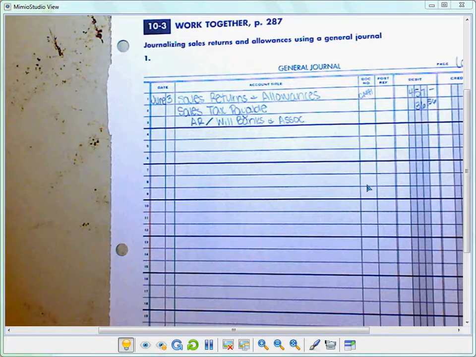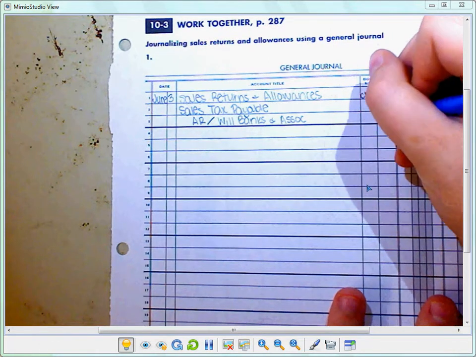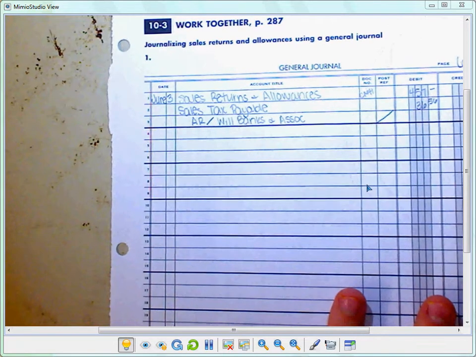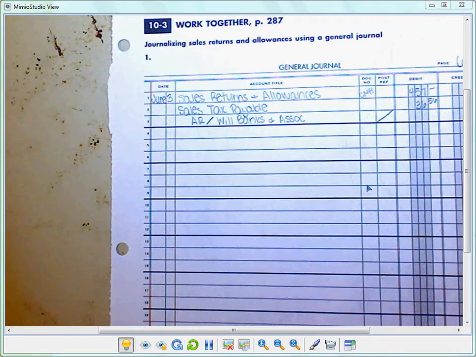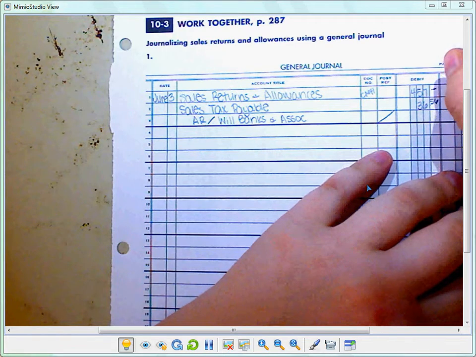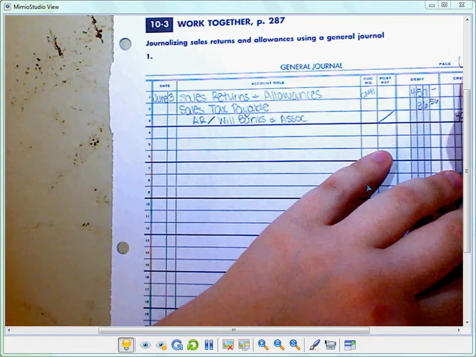And then you have to put that / in the post reference. And then so it's a credit of $493.56. I'm going to scoot your paper over just a little bit.